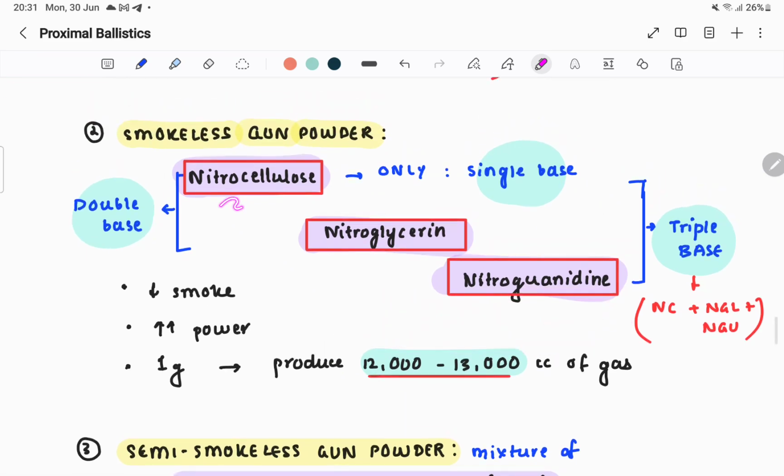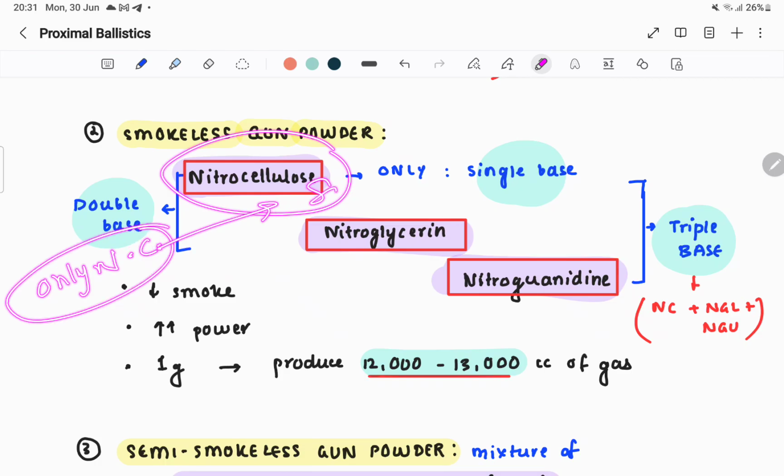So what does it contain? Nitrocellulose, nitroglycerin, nitroguanidine. If it contains only nitrocellulose, I am writing NC, then it is single base smokeless gunpowder.